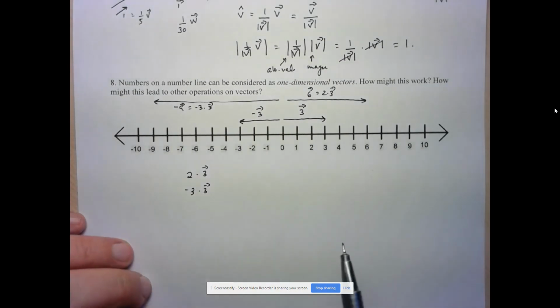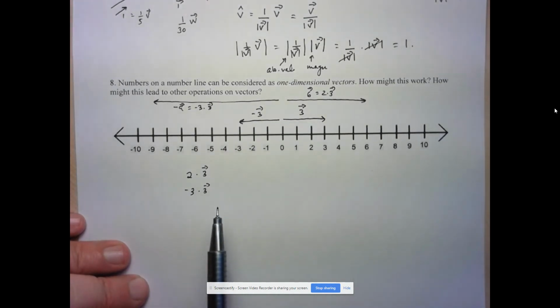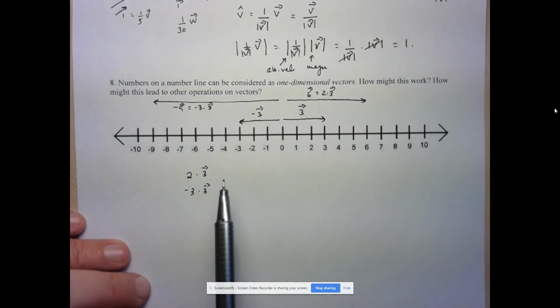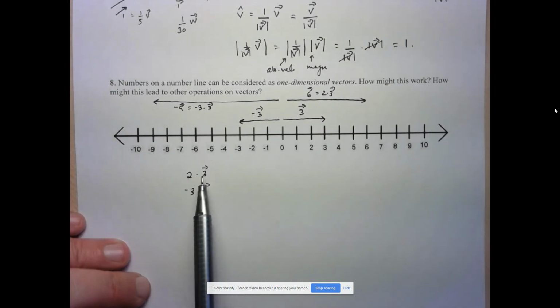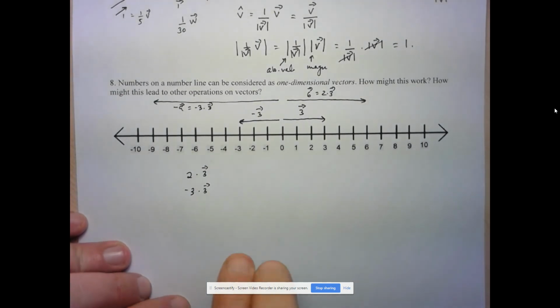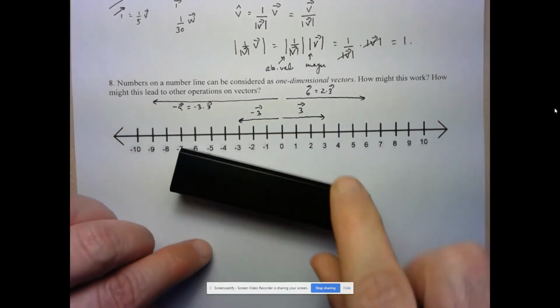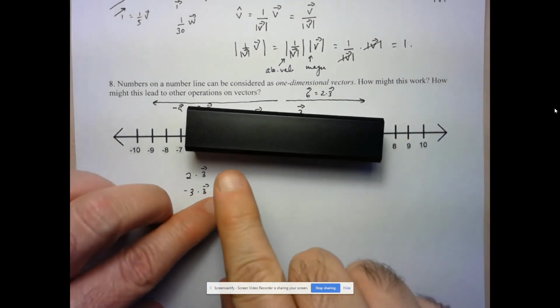Now the reason why it's going to be interesting to think of these one-dimensional vectors is because at some point we're going to want to consider other operations with vectors. We talked about multiplying a vector by a scalar quantity, but at some point it makes sense that we're going to want to be adding vectors together. So for example, if I'm applying a force on an object but in 2 directions, I'm going to have to find a way to combine these forces.